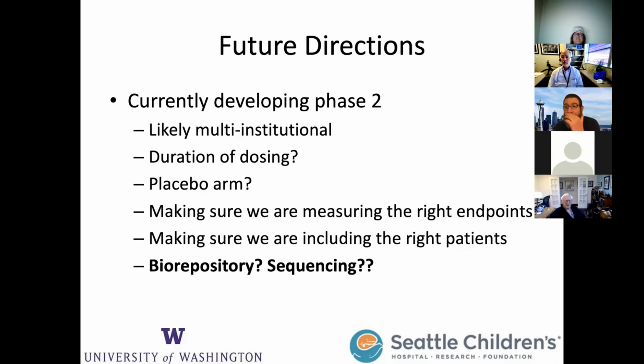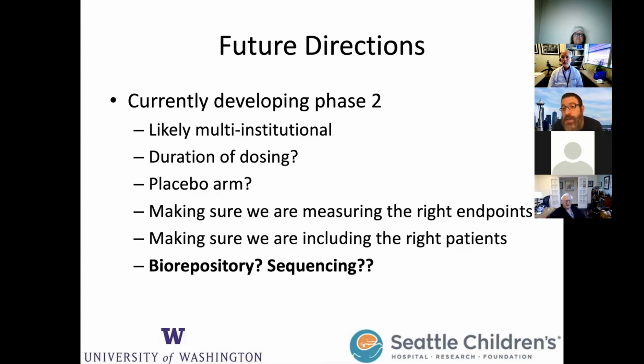And making sure that we're including the right patients. This is something that our team has been discussing quite a bit, whether or not we should only include patients with known AKT, PI3K, mTOR pathway mutations, or whether we should take all comers who have failed epilepsy surgery, since there is at least a suggestion that mTOR inhibition may help all kids with intractable epilepsy, regardless of their underlying etiology.